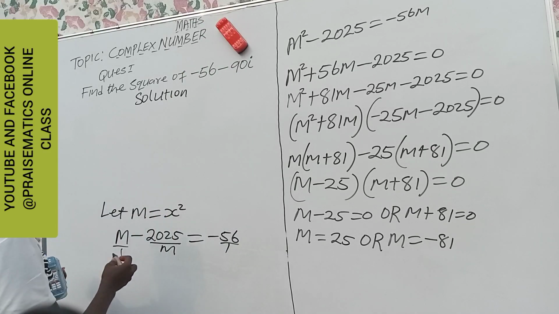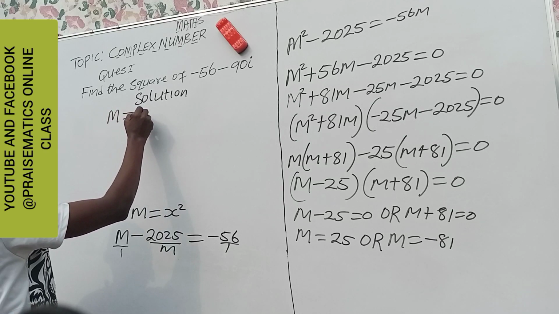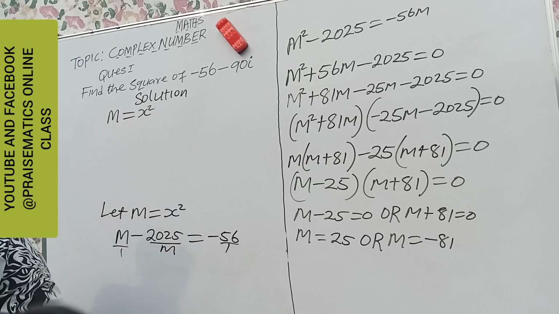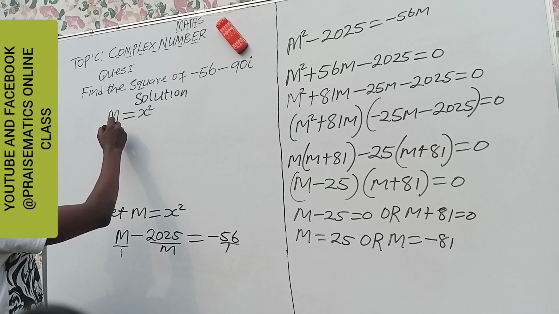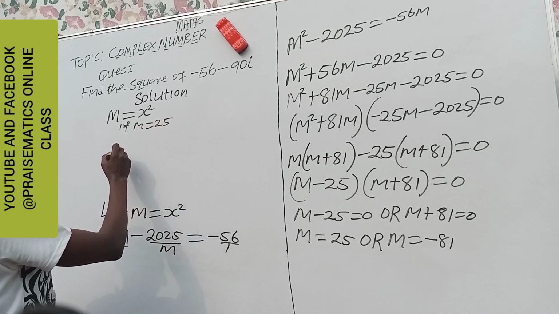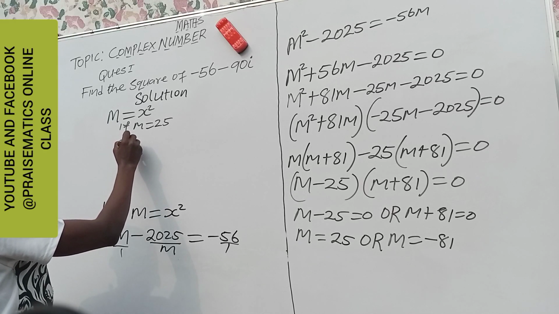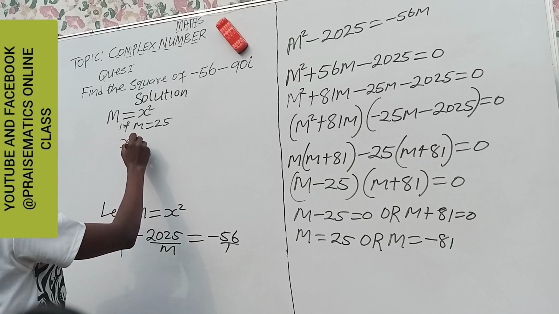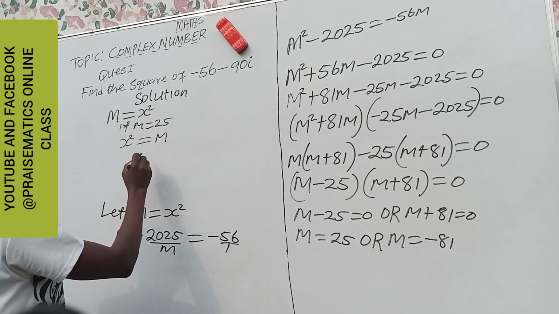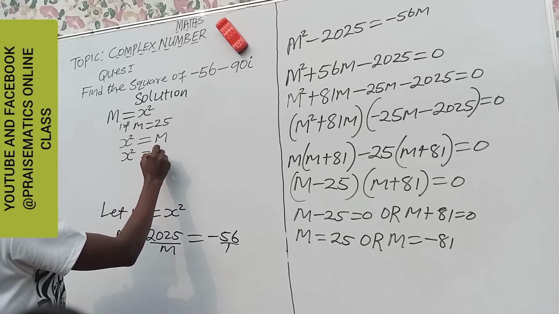Always remember that we say let M equal to X square, and we want to get the value of X. So now if M equals to 25, in other words, it means that X square is equal to 25.